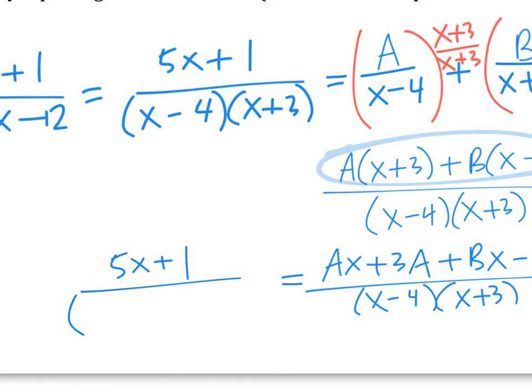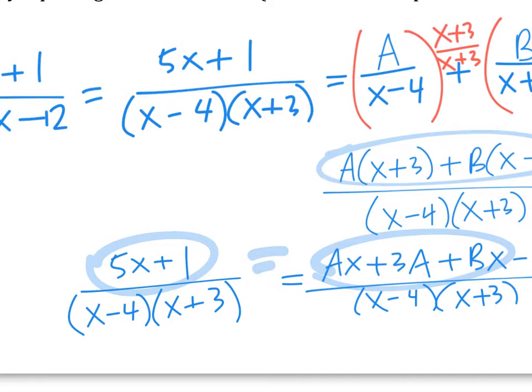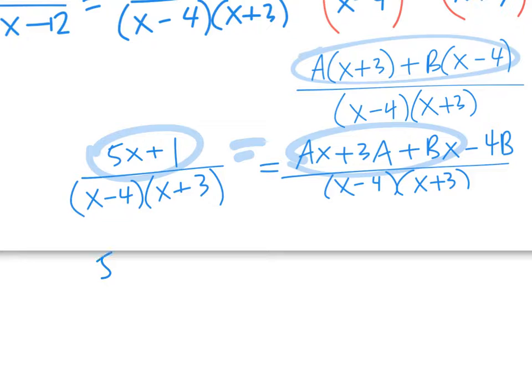Remember, we're trying to figure out what a is, what b is, right? So the denominators are the same, which means the numerators have to be the same, right? So 5x plus 1 is equal to ax plus 3a plus bx minus 4b.